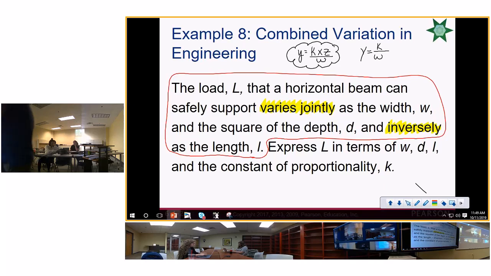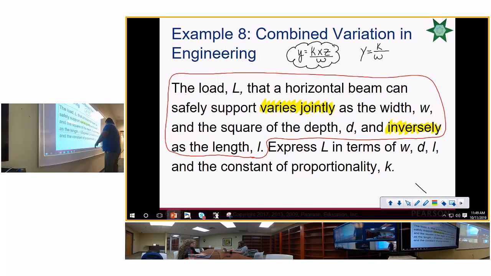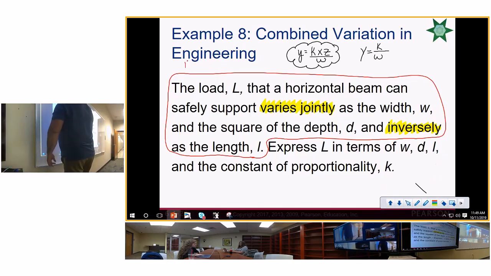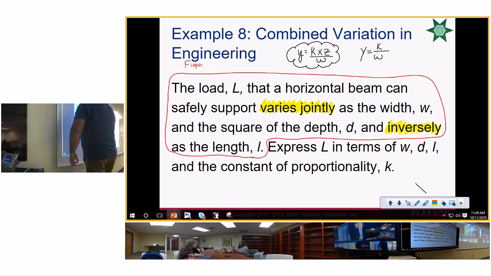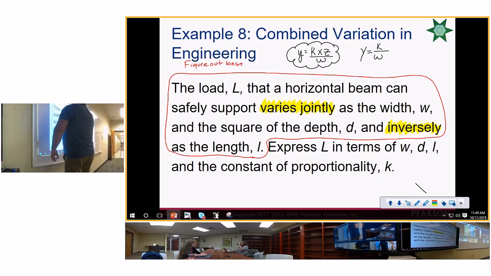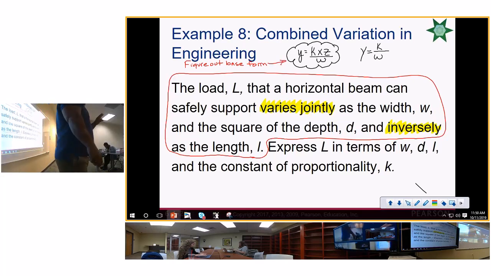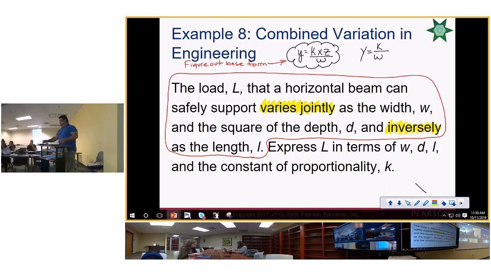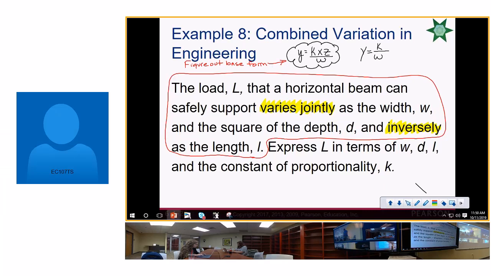The first thing you do, let's write this in red, when you have a combined variation, is figure out the base formula. Why? Because it's combined. You've got two variation formulas and you need to figure out what it looks like. Okay? So I just did that.